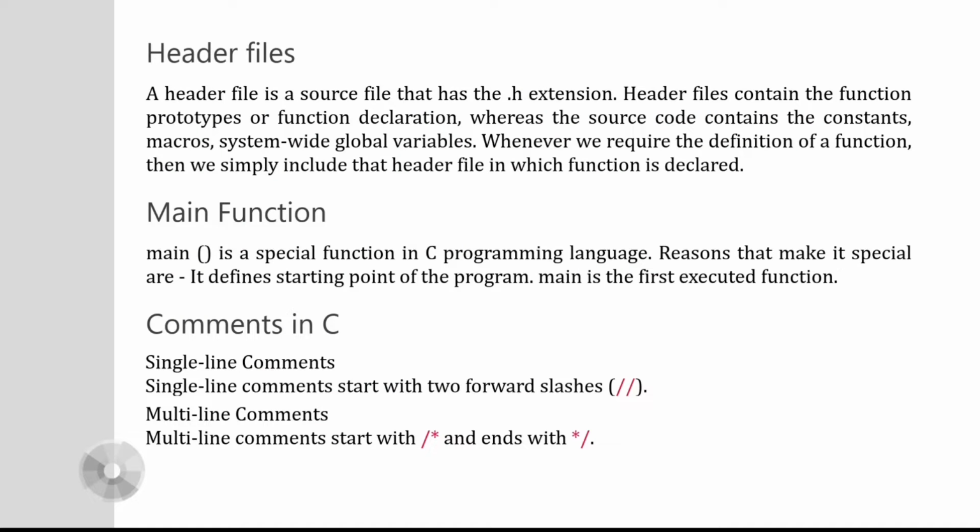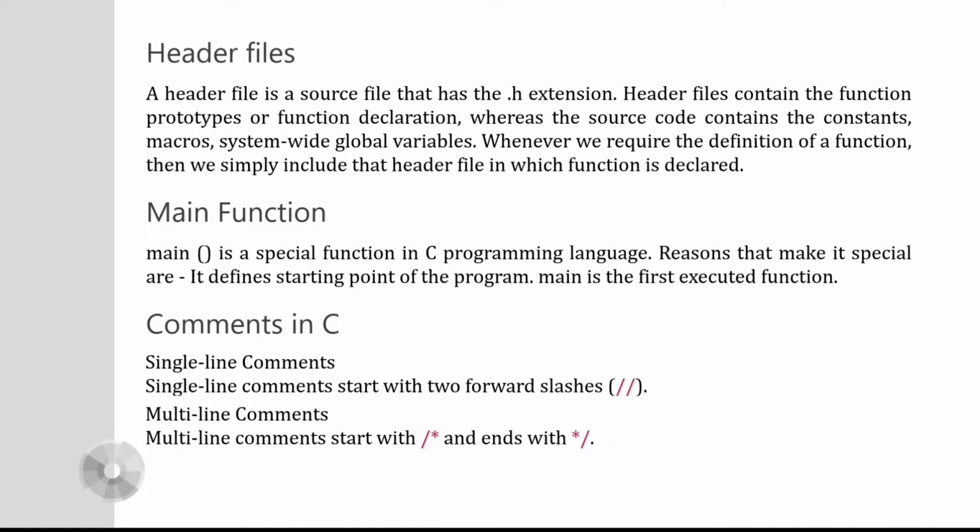Firstly, header files. A header file is a source file that has a .h extension. Header files contain function prototypes or function declarations, whereas the source code contains the definitions.